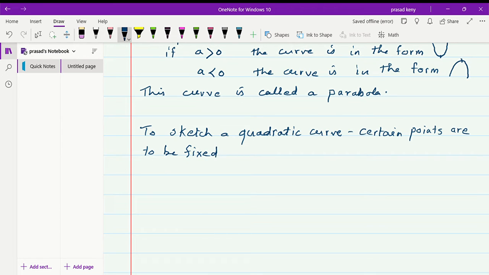So first is the y-intercept, and obviously that is on the y-axis, so it will be determined by putting x equal to 0 in the function.